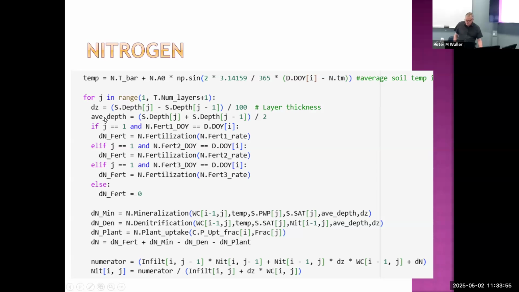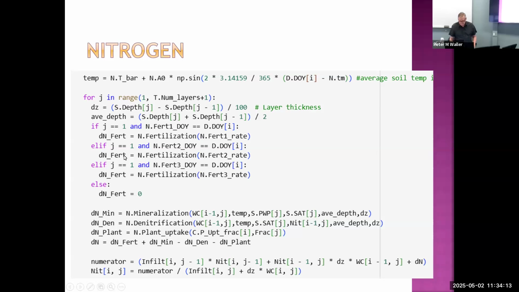I'll go over these individually, but we have different algorithms for our fertilization. We need to know our average depth, because that governs the mineralization denitrification rate. So before we just had the thickness of the layer, now we have the average depth of the layer. Then we have 3 different fertilization times.